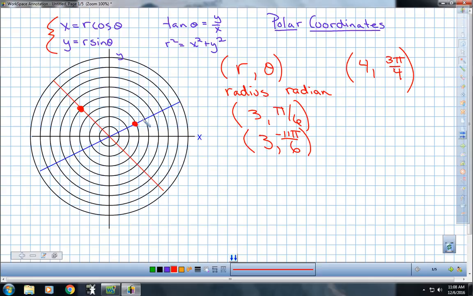Does that make sense? All right, now there are two other ways we can represent this same point, and it is when the r value is negative.